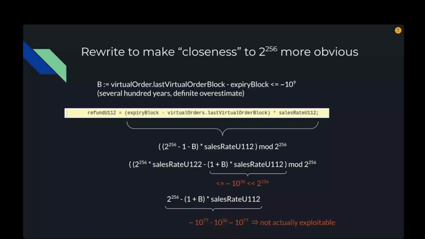And then you notice that first term, well, that's a nice multiple of 2 to the 256. And now we can evaluate the mod, so we can drop all the things that are multiplied by 2 to the 256 except for one leading factor of 2 to the 256. Because remember, we said the second term was very, very small compared to 2 to the 256. So we can safely get something where we don't have a modulus involved anymore, and we can just look at its order of magnitude directly.